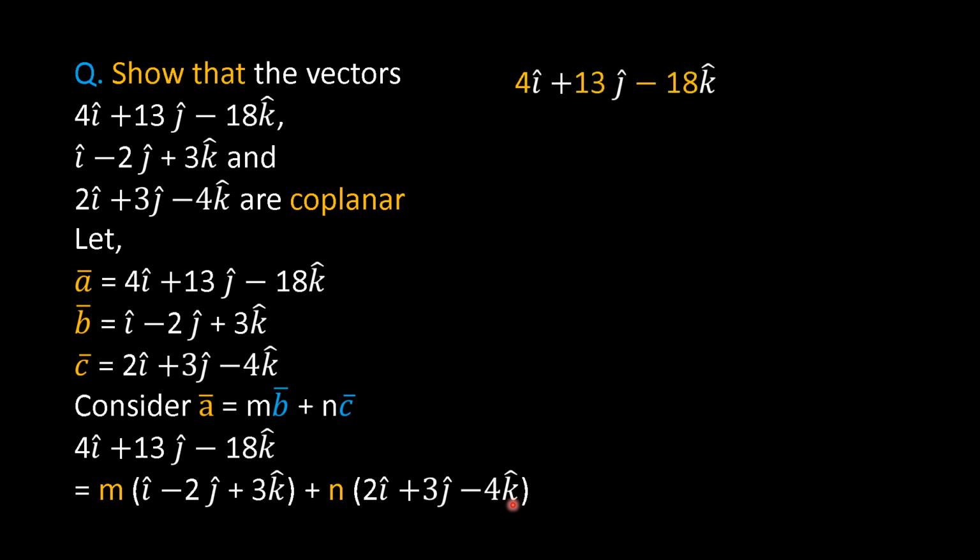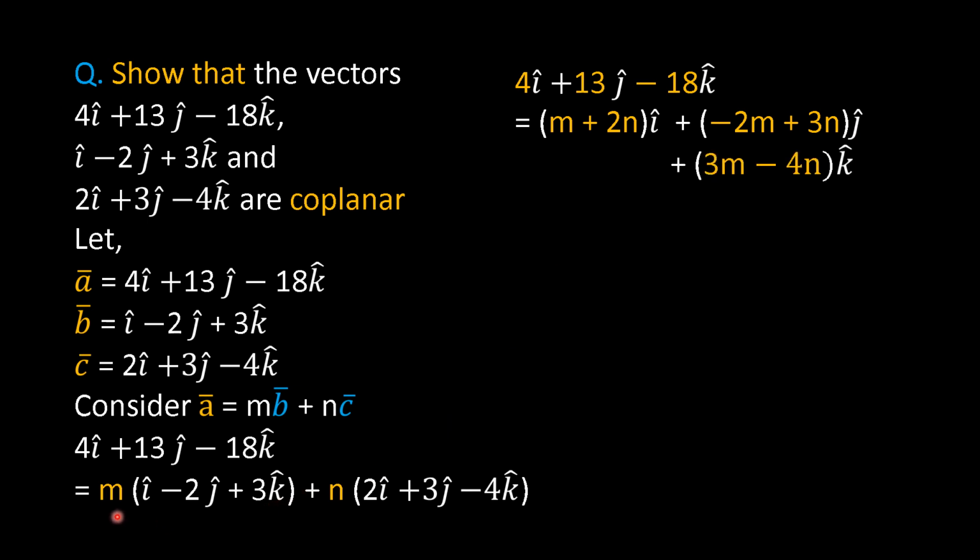After that, we will write m plus 2n times i plus minus 2m plus 3n j and plus 3m minus 4n times k.